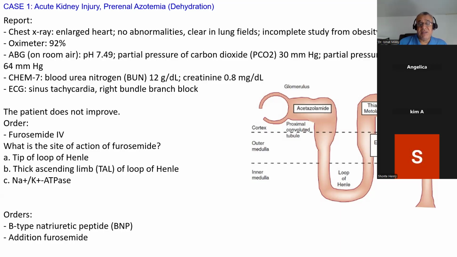We cannot predict the compensation, but we can conclude this is a respiratory alkalosis without any defined compensation because we have no clue about the bicarb value. The patient's BUN is 12 and creatinine 0.8, so the patient's bicarb is within range.